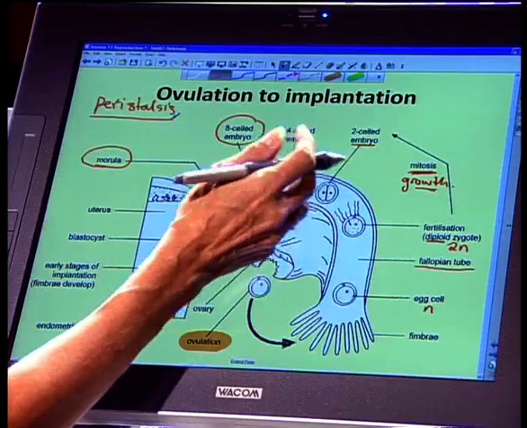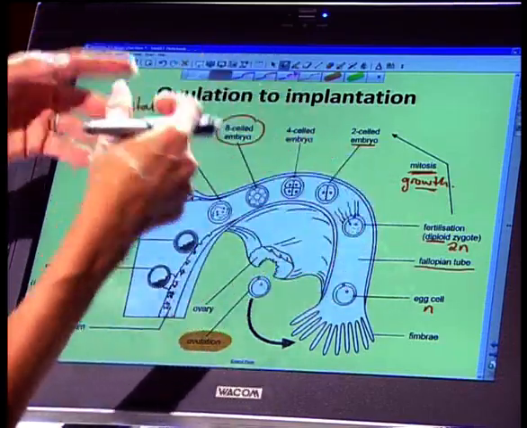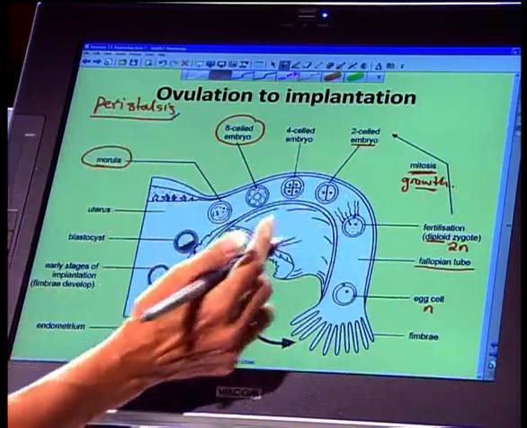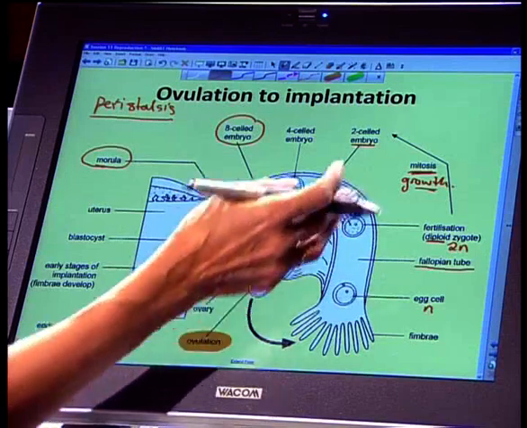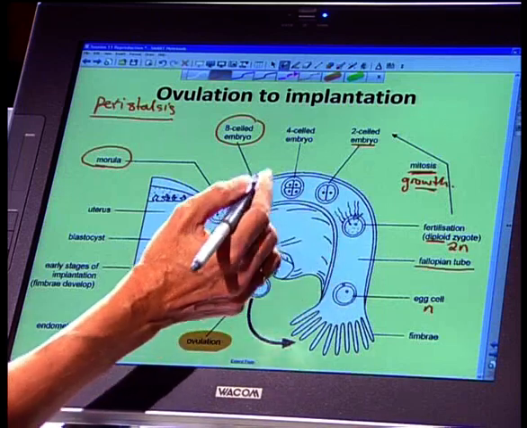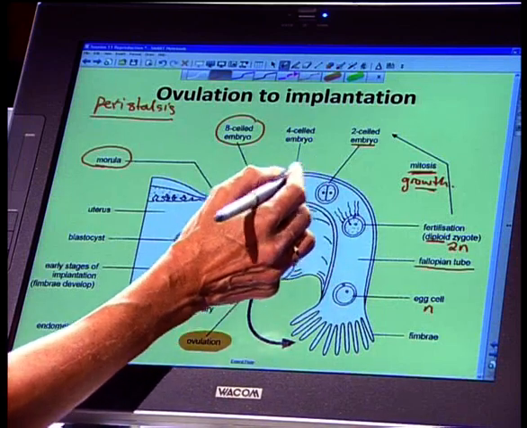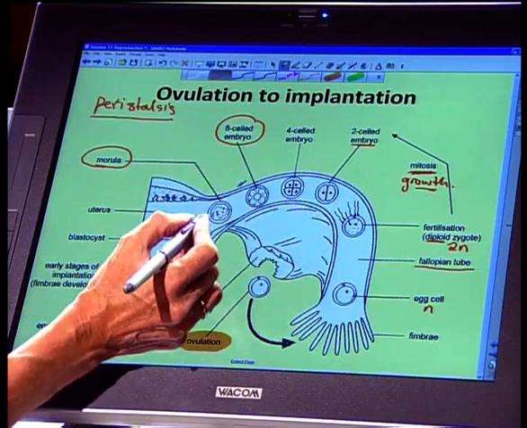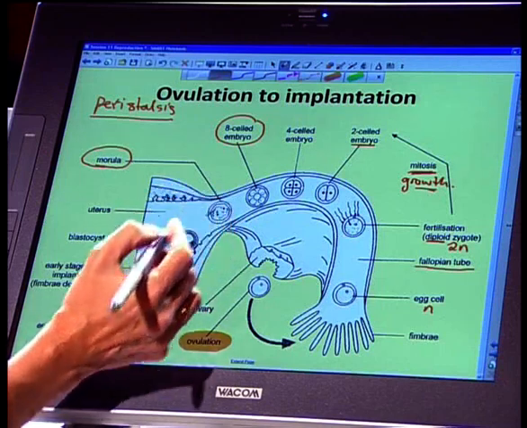Very similar peristaltic movements and little cilia that push the little egg along this whole fallopian tube. It sort of pushes it along step by step. So here fertilization took place, then mitosis, the first lot of mitosis, second lot of mitosis, third lot of mitosis, and we now end up with a morula.